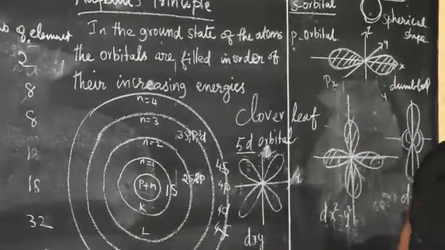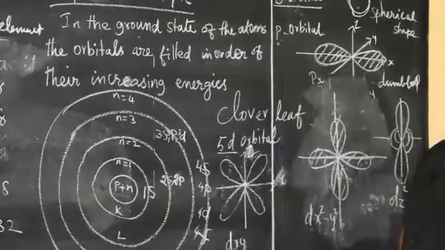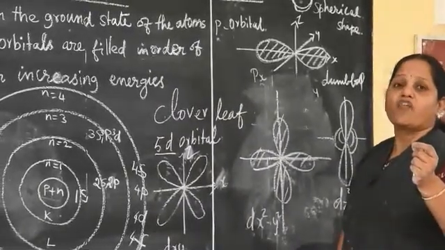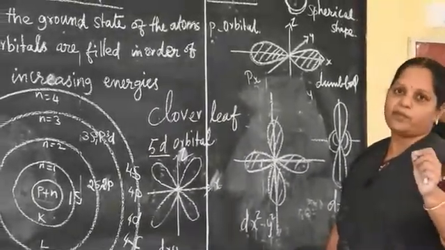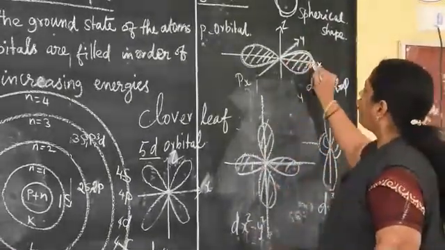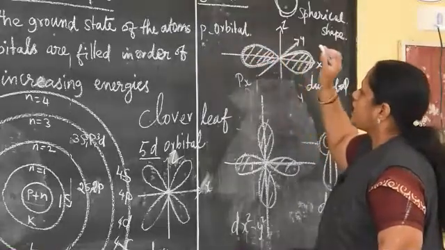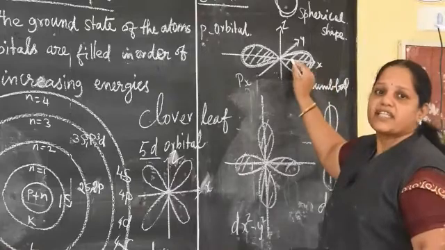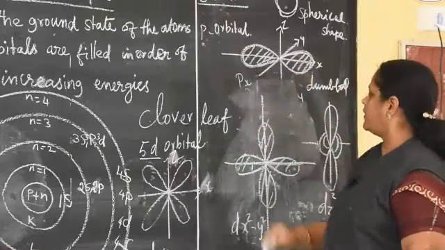What is an orbital? You know very well: it is the 3D region around the nucleus where the probability of finding an electron is maximum.